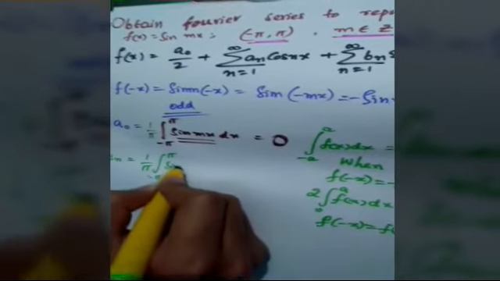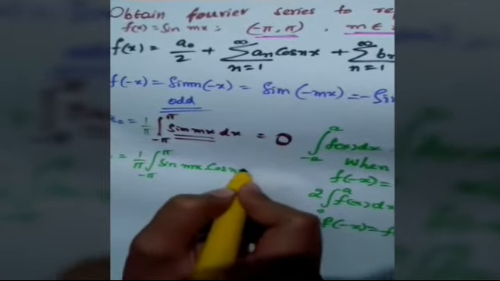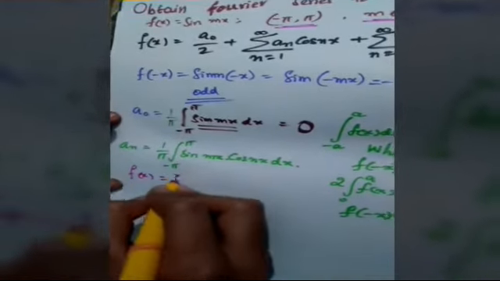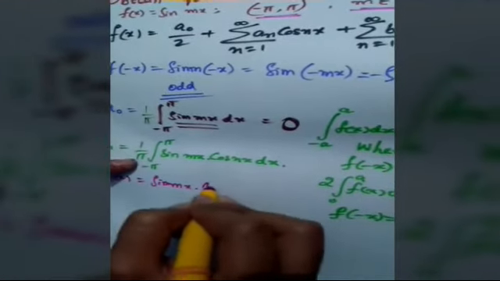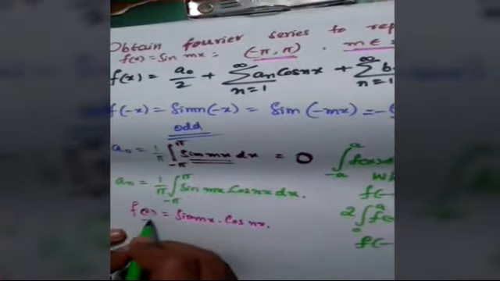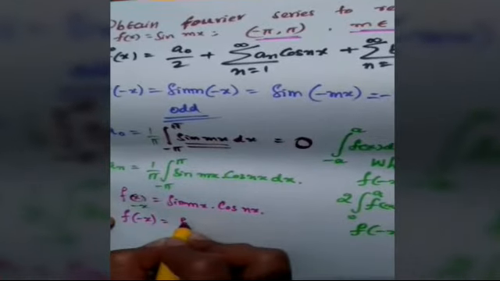And also further we have an is equal to 1 by pi times integral from minus pi to pi sin mx into cos nx dx. We shall take f of x equal to sin mx into cos nx. Now we shall replace this x by minus x.